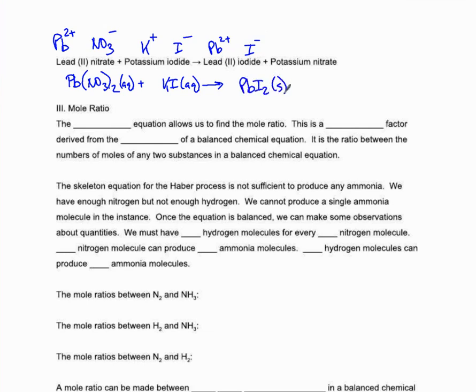And this is my precipitate. And then we have potassium, still group 1, nitrate, still the same formula and charge, KNO3. And remember from the last unit, alkali metals tend to be soluble, nitrates are always soluble. This one is aqueous.